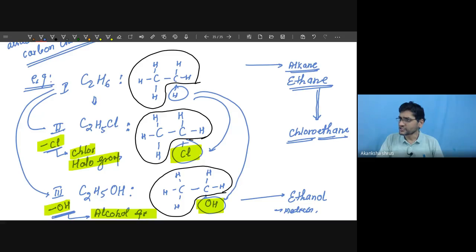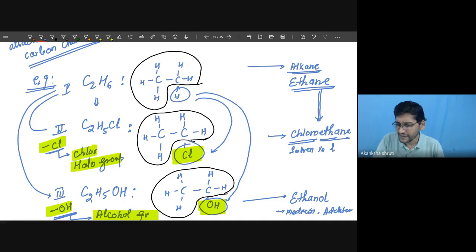Not only that, it is also used in petroleum as an additive. Along with the petrol, 5% of alcohol is added to increase its efficiency. So as medicine and additive to carbon fuel, but chloroethane is used as a solvent in the lab.